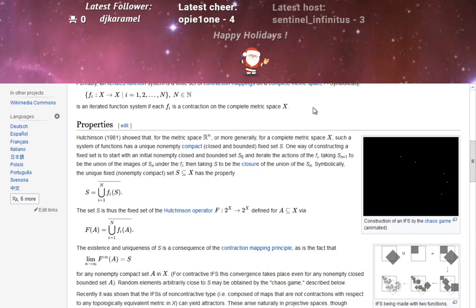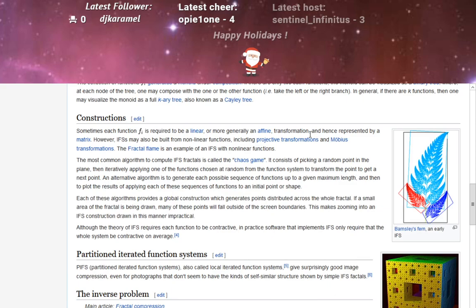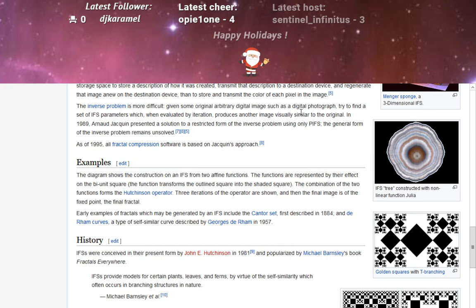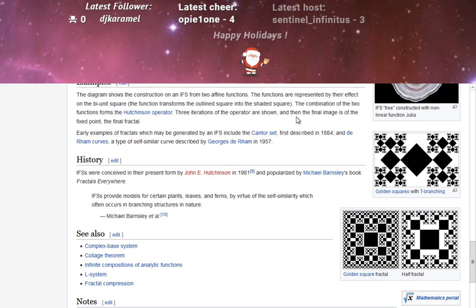The system of functions has a unique, non-empty, compact, closed, and bounded fixed set S. Early examples of fractals which may be generated by an IFS include the Cantor set.